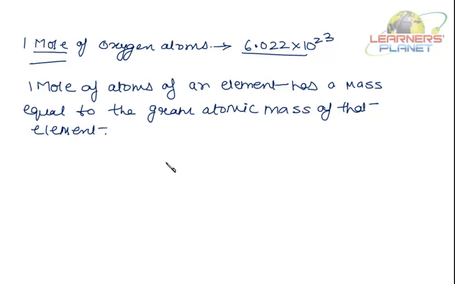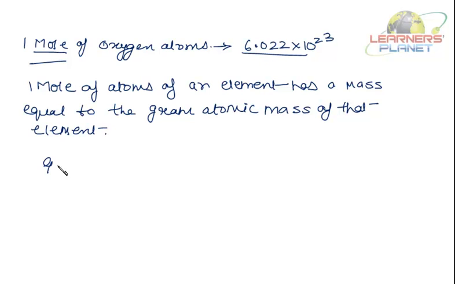So what is 1 mole? 1 mole is the number of atoms or molecules or even ions, right? The number of atoms or molecules or even ions in 1 mole of substance is 6.022 into 10 to the power 23. Now 1 mole of atoms of an element has the mass equal to its gram atomic mass.